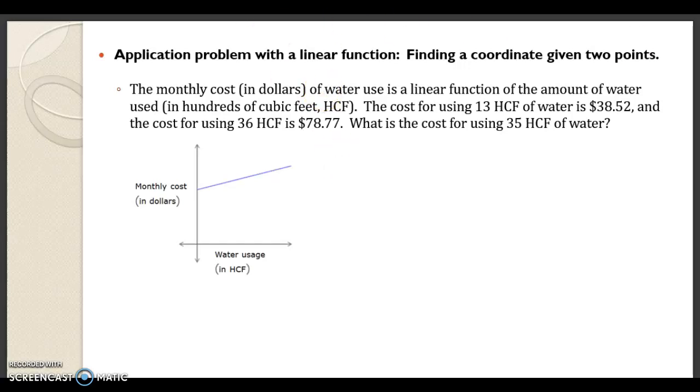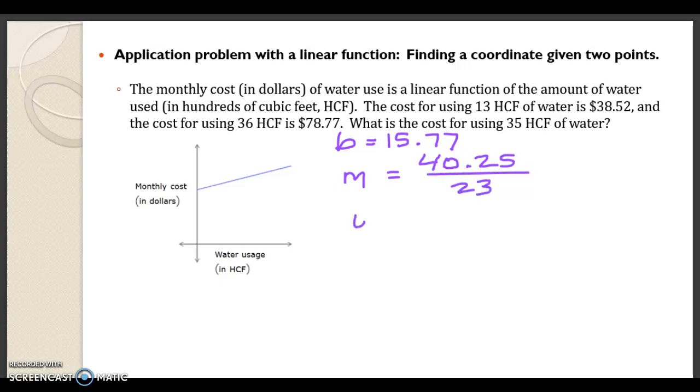And what was our b? Our b was 15.77, right? Our slope was 40.25 over 23.